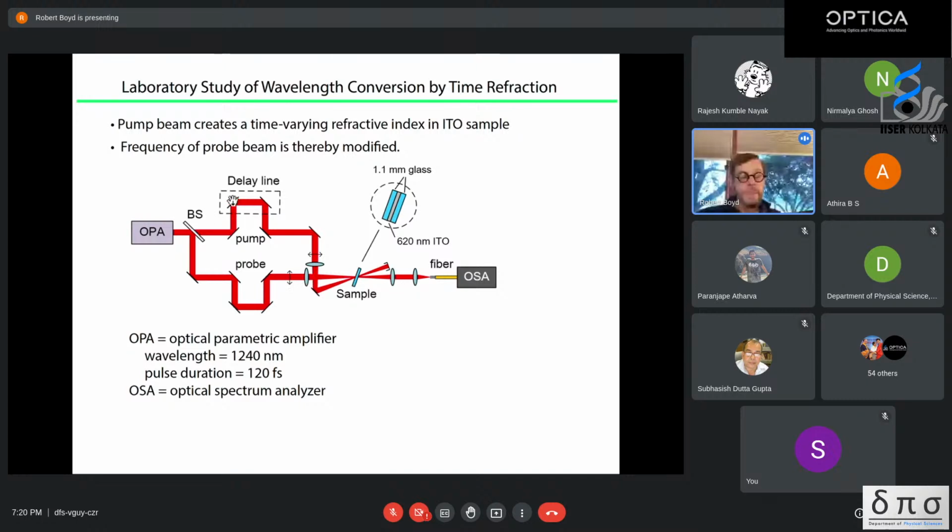The pump beam has a delay line, so we can control when the pump pulse arrives with respect to the probe pulse. And our sample was just two glass slides containing indium tin oxide, flipped over face to face to effectively double the thickness of the indium tin oxide to 620 nanometers.